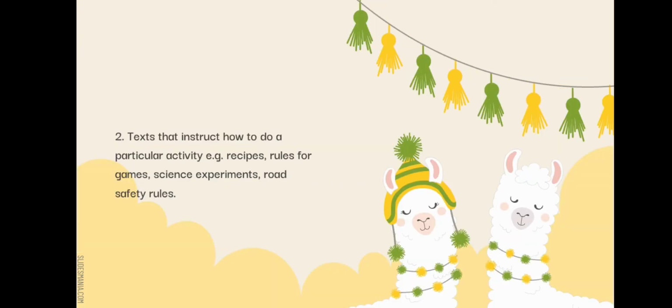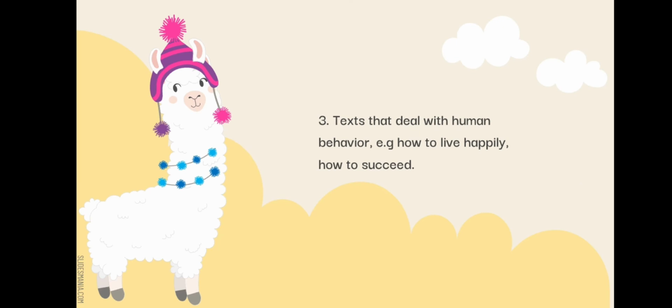The second is text that introduces how to do a particular activity. For example, recipe, rules for games, science experiment, and road safety rules. And the last is text that deals with human behavior. For example, how to live happily and how to succeed.